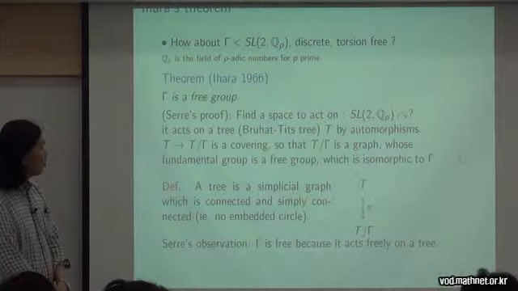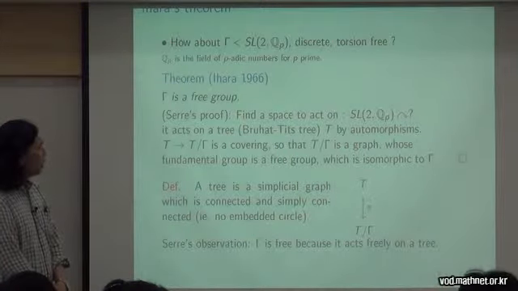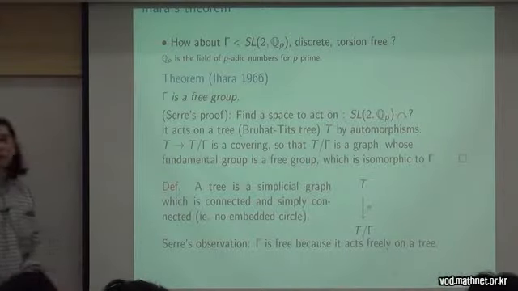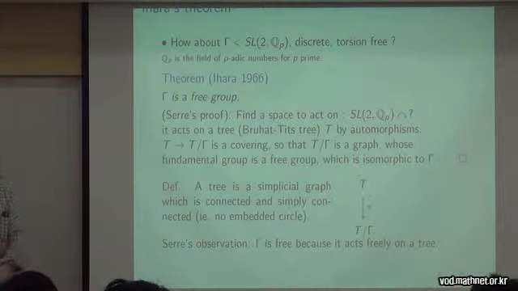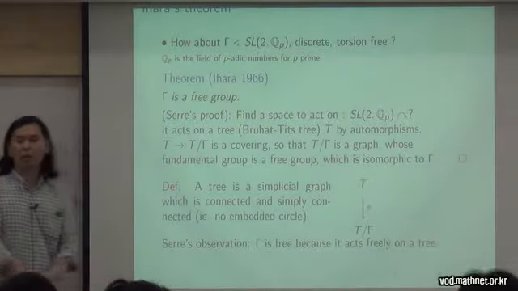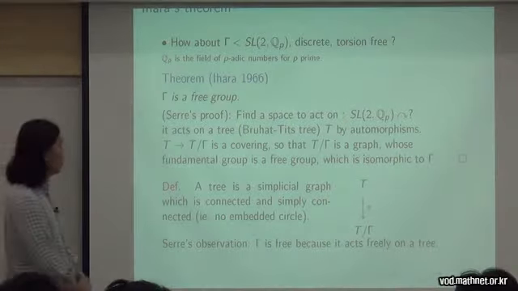This SL2(Q_p) acts on the tree by automorphisms. In particular, if you put a metric on the tree, namely each edge has length 1, then it becomes a metric space, and any automorphism is preserving that metric or distance, so it's by isometries.